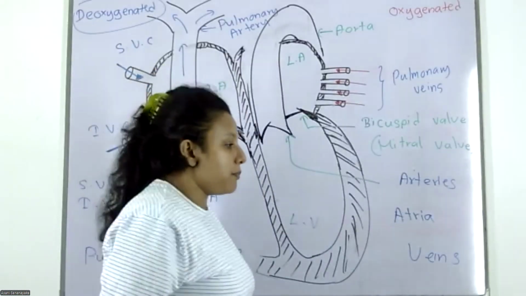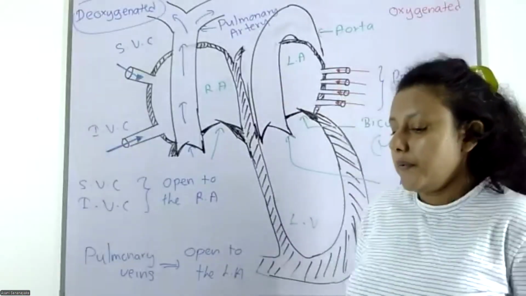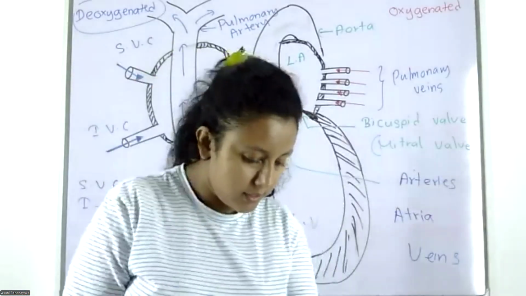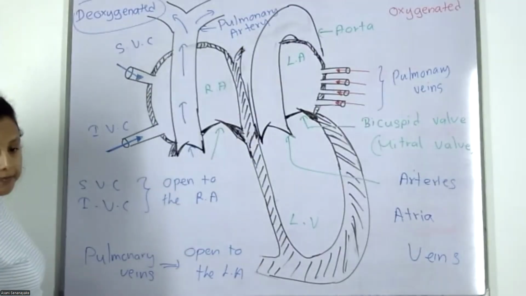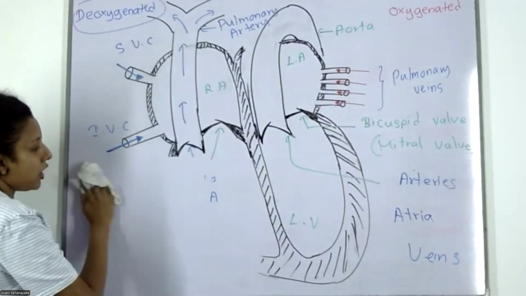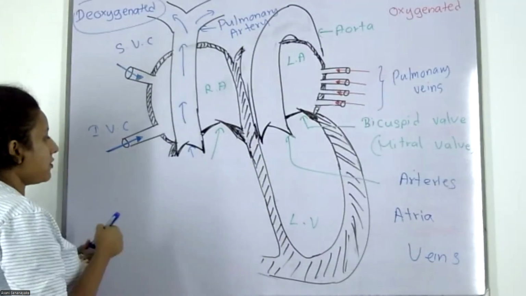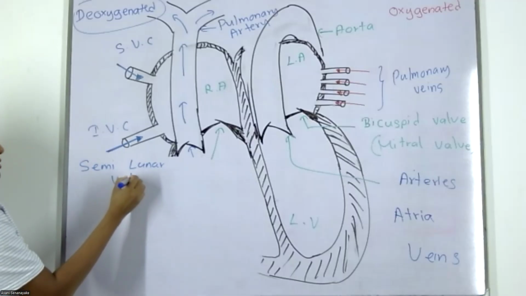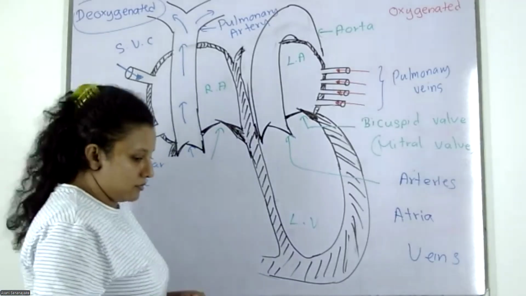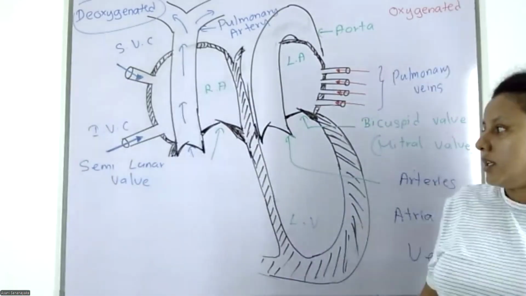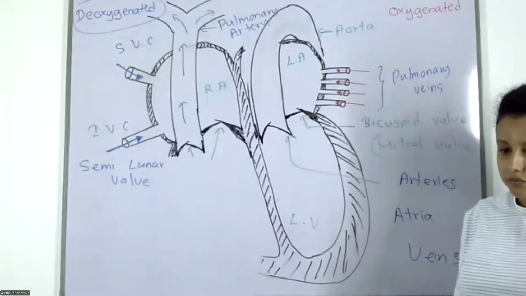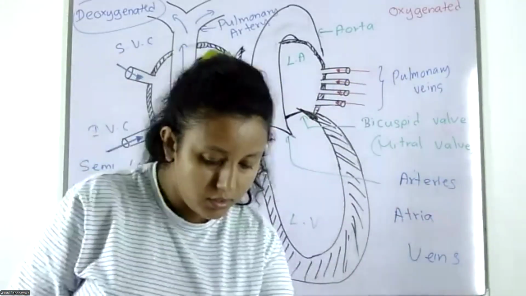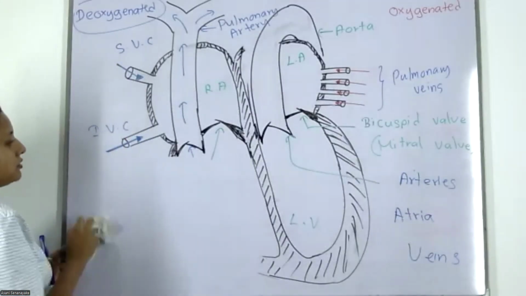There are valves at the starting point of the arteries, and they are called semilunar valves. Semilunar valve. So you can write that one here.